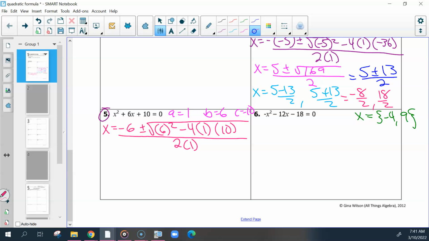Find the number underneath the square root. Negative 4.